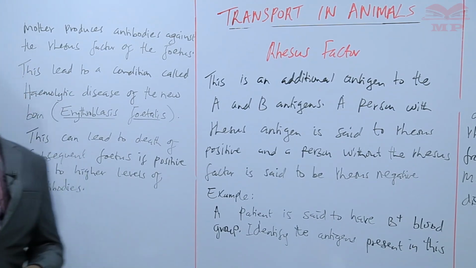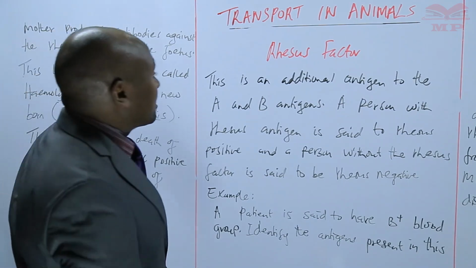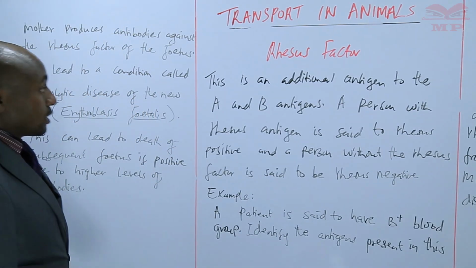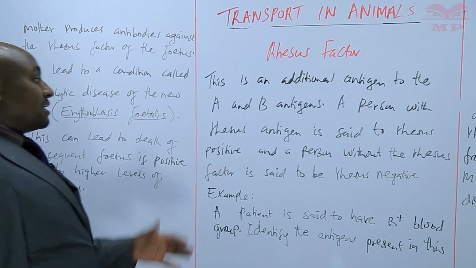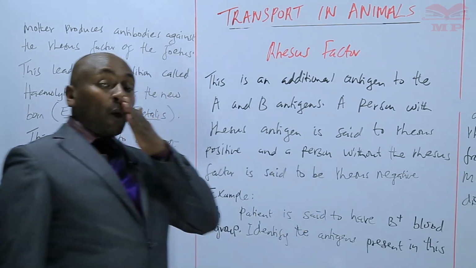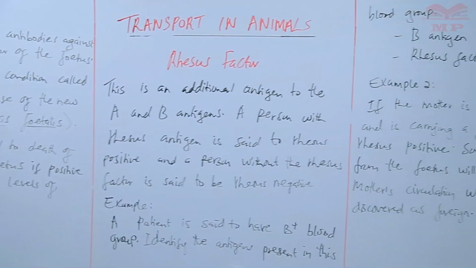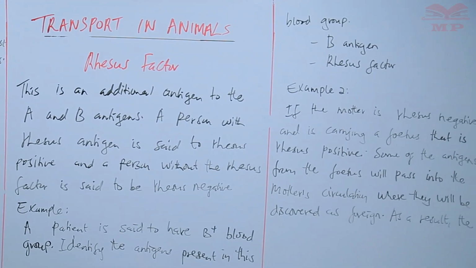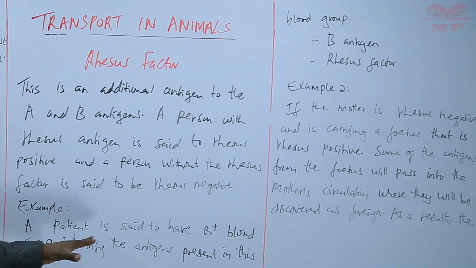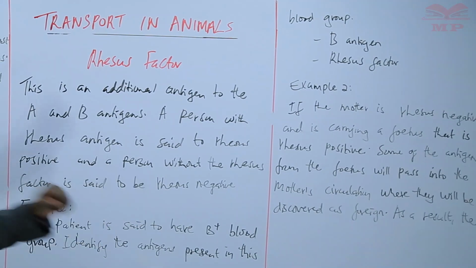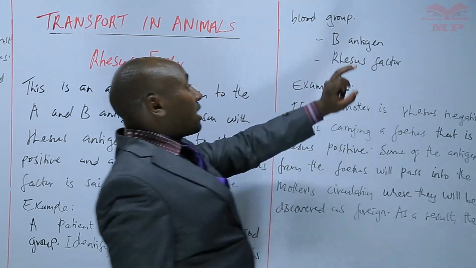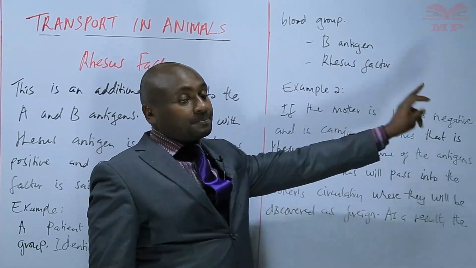So what you are basically saying is that Rhesus factor is very important during blood transfusion. A person with the Rhesus factor is said to be Rhesus positive, while a person without the Rhesus factor is said to be Rhesus negative. If a patient has, for example, B positive, that means that person has B antigen and also has the Rhesus factor.